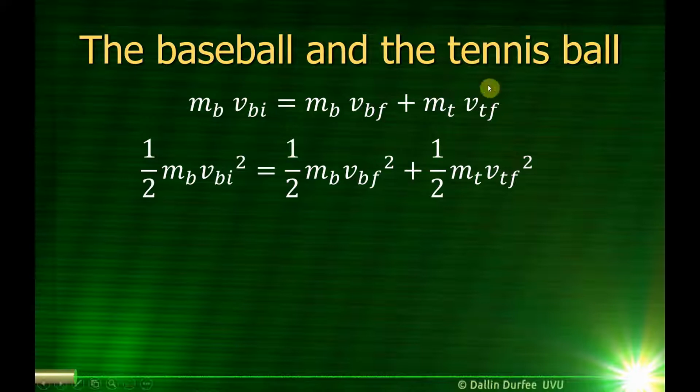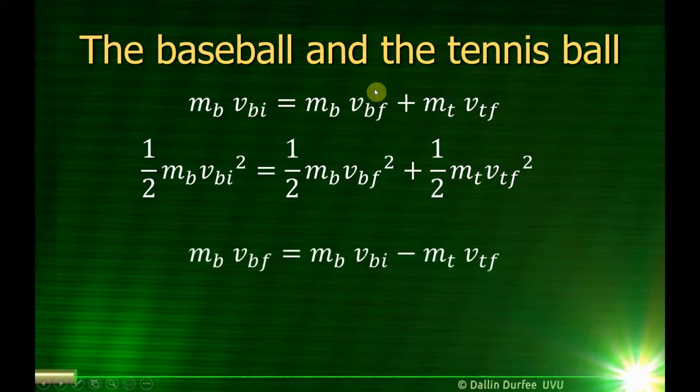To do that, I'm going to first take this momentum equation here, and I'm going to solve it for the final velocity of the baseball. All right, so I'll bring the tennis ball term to this side, and so I'll subtract m_tennis v_tennis,final from both sides, and then I find that the mass of the baseball times the final velocity of the baseball is equal to this.